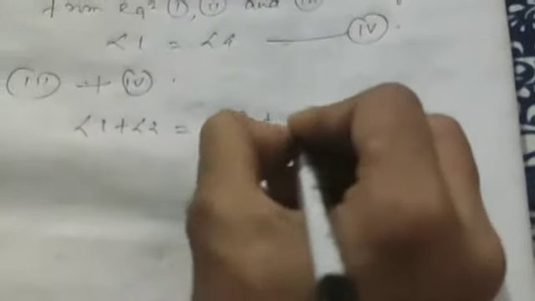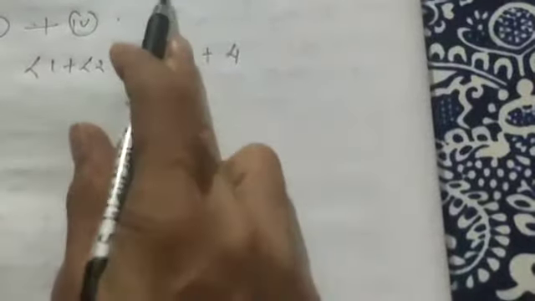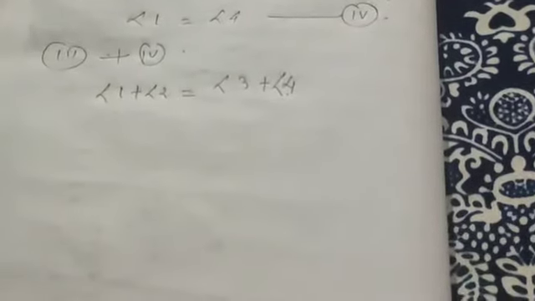The right hand side of equation 3 is 3, and the right hand side of equation 4 is 4, so angle 3 plus angle 4. Adding both sides of equation 3 and equation 4, we get angle 1 plus angle 2 is equal to angle 3 plus angle 4.